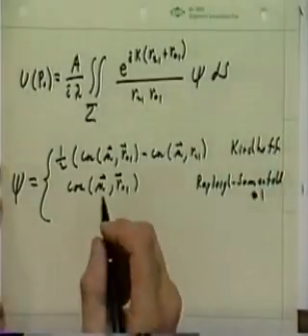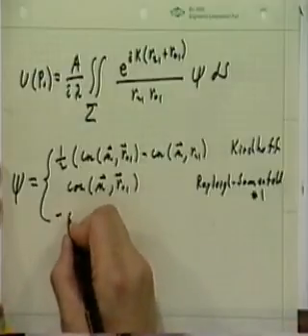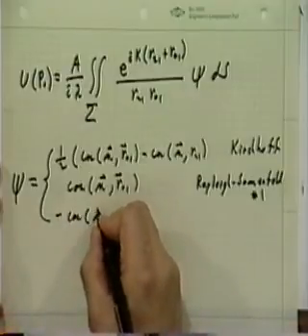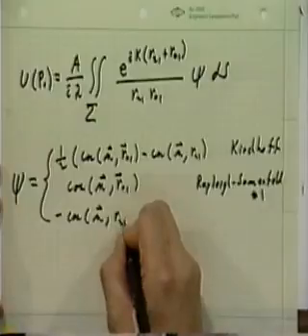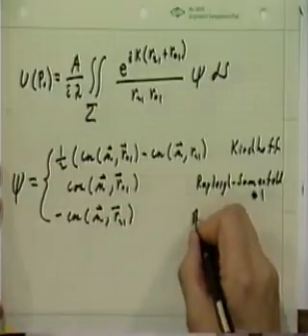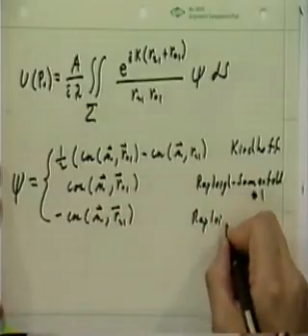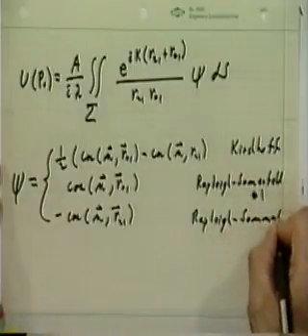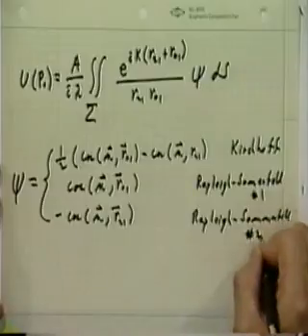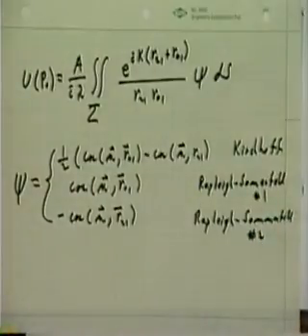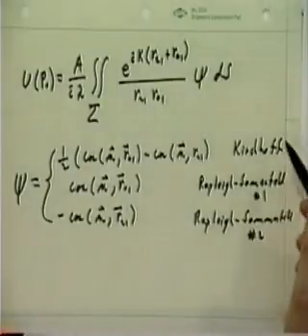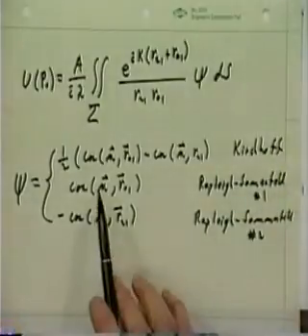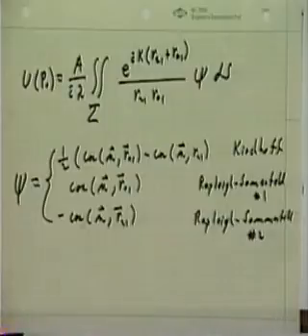And when we had a G plus Green's function, we had a minus cosine n R21. That's Rayleigh-Sommerfeld number 2. Okay. And if we think here for a second, well, the Kirchhoff is simply the average of these two Rayleigh-Sommerfeld ones. Kind of interesting it turned out that way.